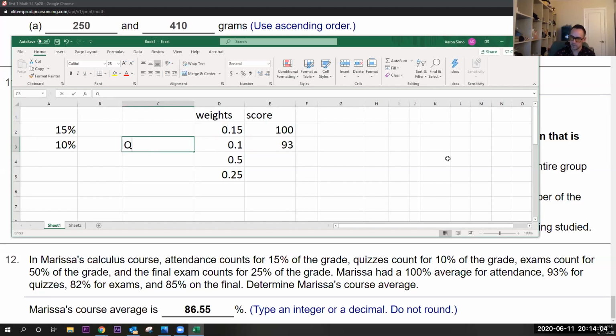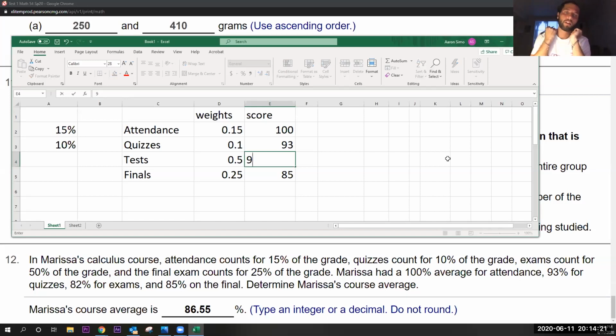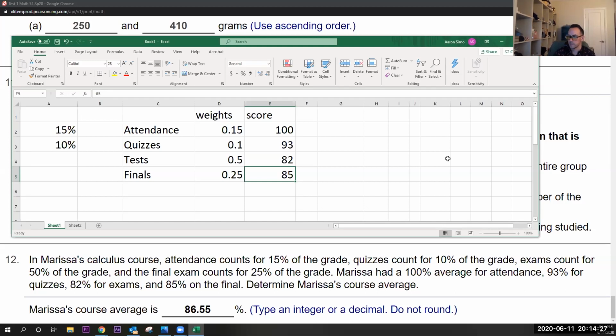You've got to be organized here. What else do we got? Tests and then finals, I'm guessing. She got an 85 on the final. What'd she get on the test? 82. She got an 82 for exams, 85 on the final.